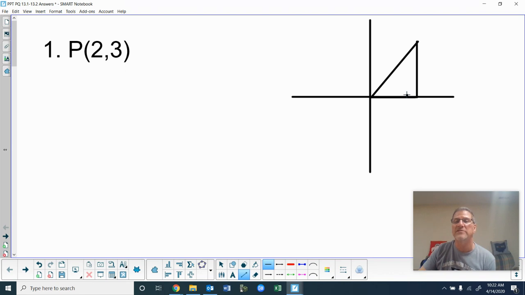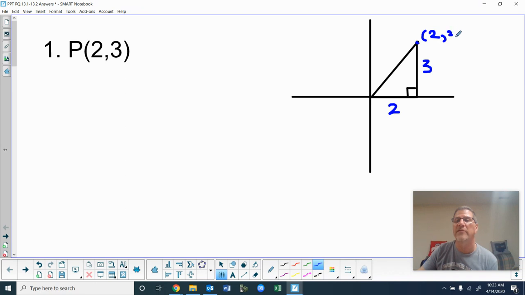So our right angle's always out here by the x-axis. This side will be 2 units, and this side will be 3 units, because that point right there is the point (2, 3).